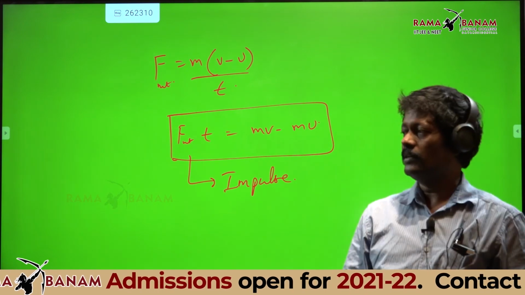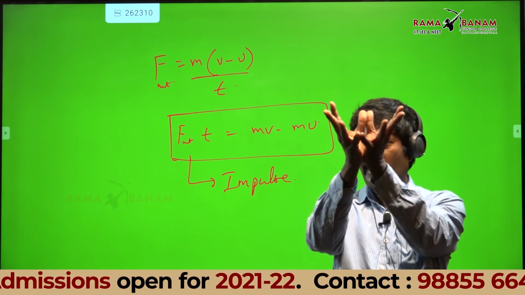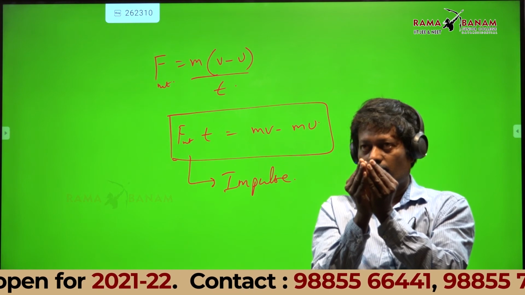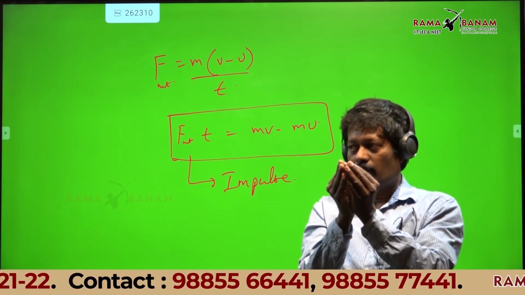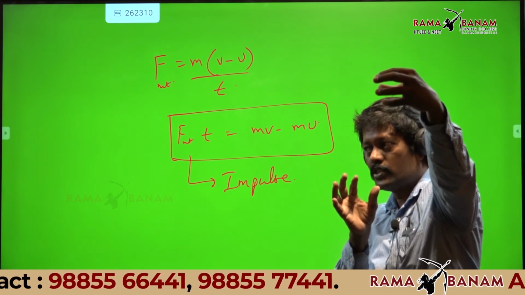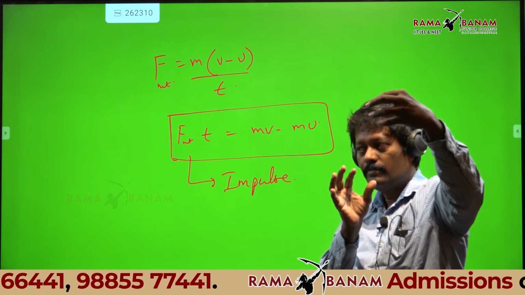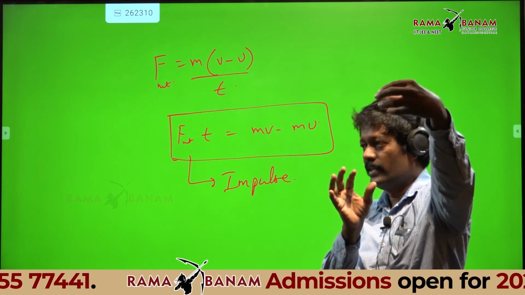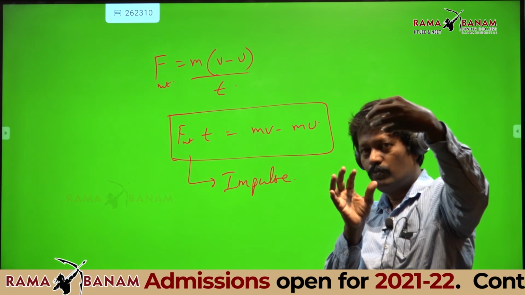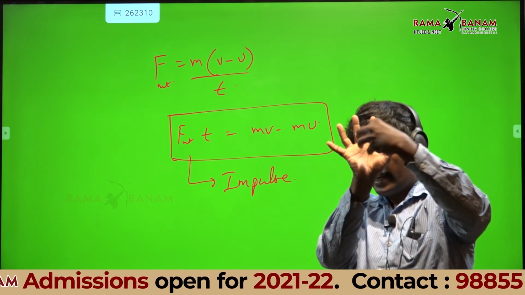Now listen carefully. A cricketer is taking a catch. The ball is coming with velocity u, and it hits his hand.